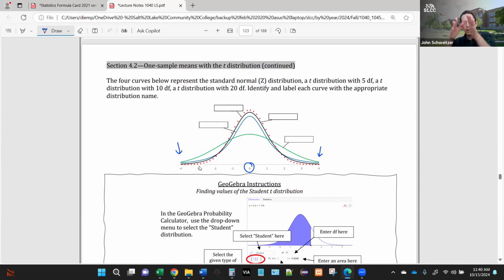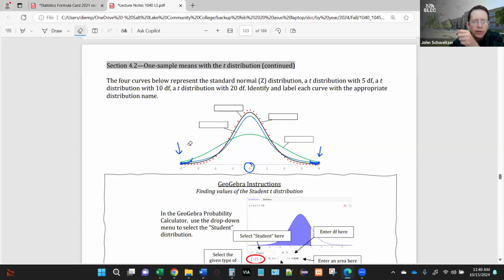The normal distribution approaches the x-axis very quickly and becomes basically indistinguishable from it, but the t distribution goes out a little bit further before it converges to the x-axis. And like I was saying, it changes for every sample size. The larger the sample size, the closer it approximates a normal distribution.